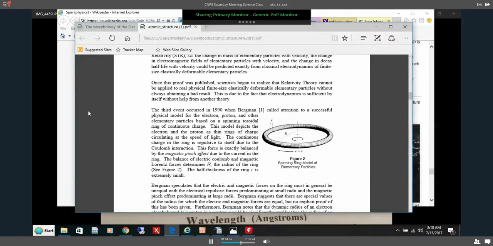The first person who worked on this area was Arthur Compton, and he discovered the wavelength of the electron. At the time, people said, "What? How can a particle have a wavelength?" Well, in quantum theory, they made it so it could.